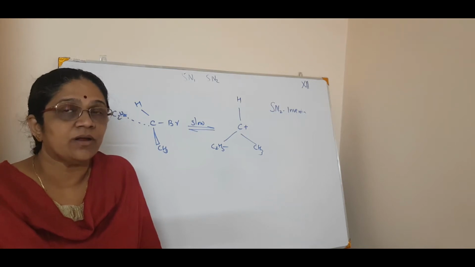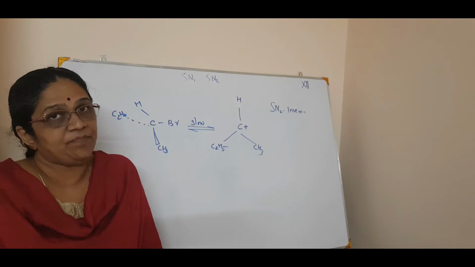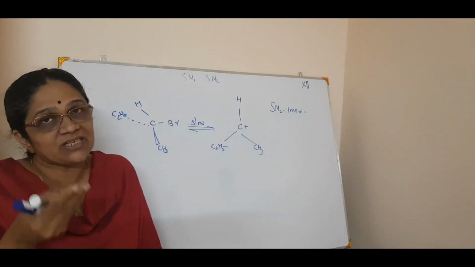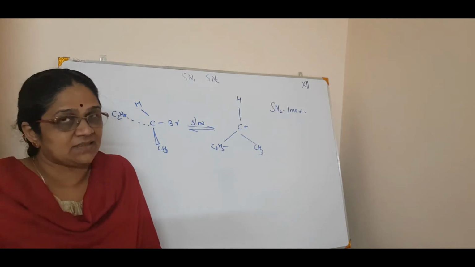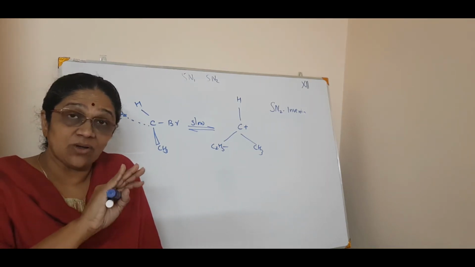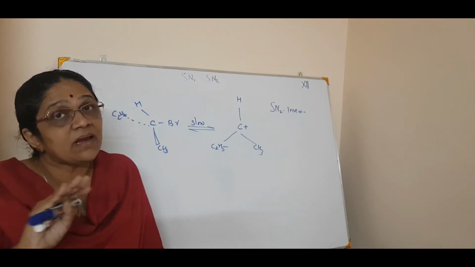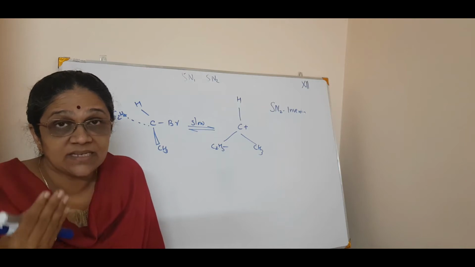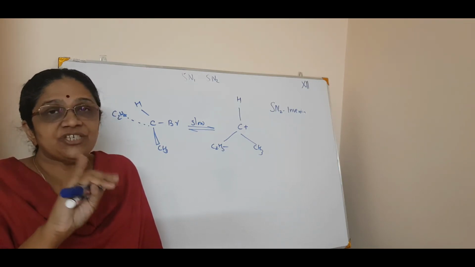Racemization means equal amounts of enantiomers, isn't it? Enantiomers mean mirror images. If one is a plus, the other is a minus. You know, for enantiomers all the physical and chemical properties are the same. The only difference is in the degree of rotation.